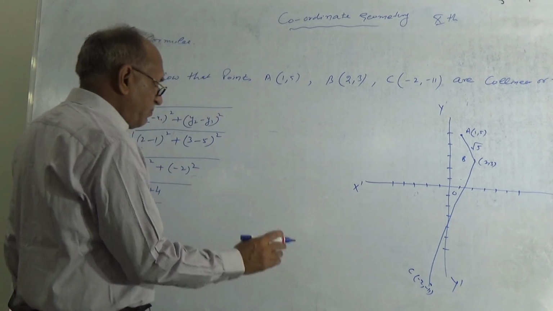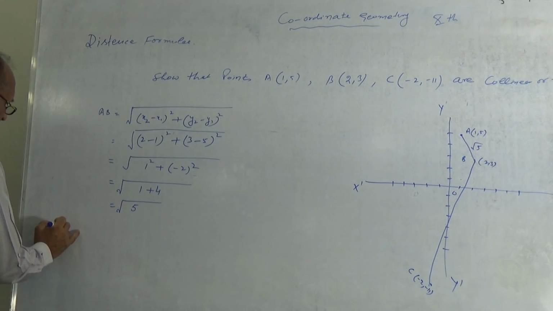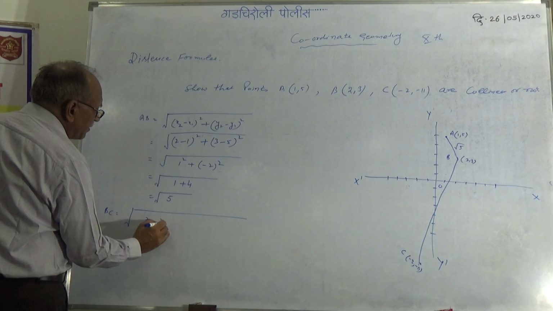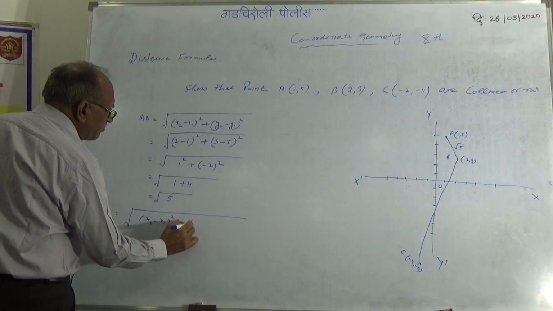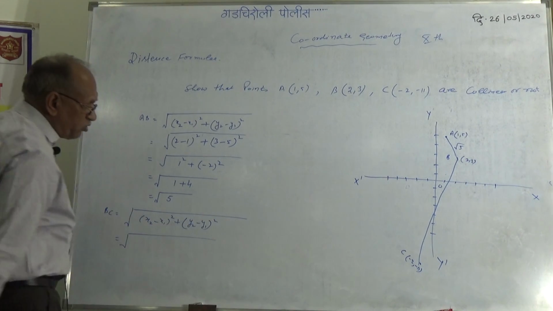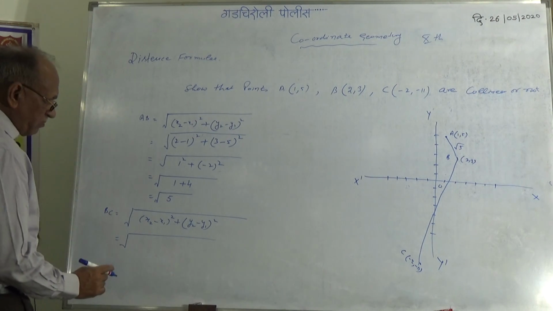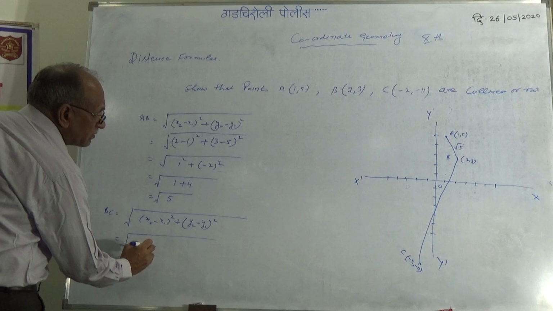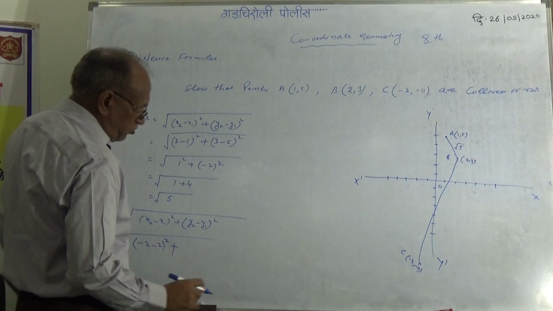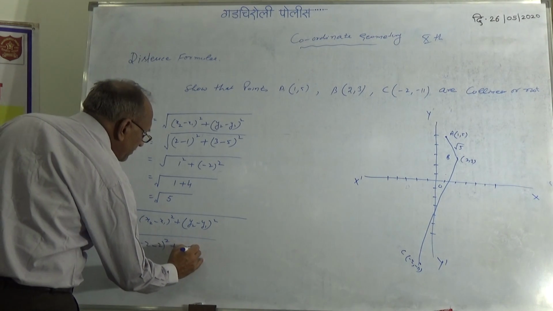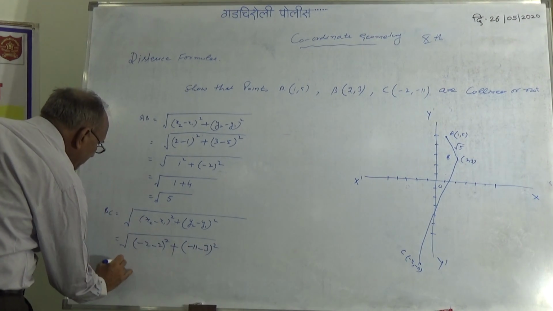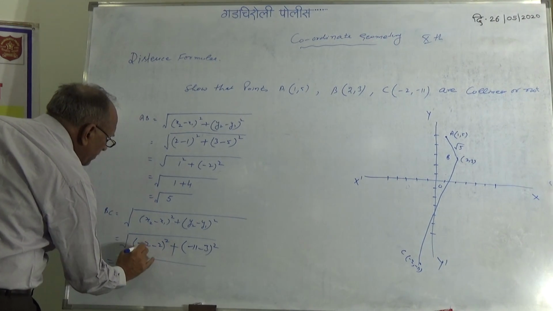Then we find BC. (x2 minus x1) square plus (y2 minus y1) square. Again putting the values, (-2 minus 2) square plus (-11 minus 3) square.